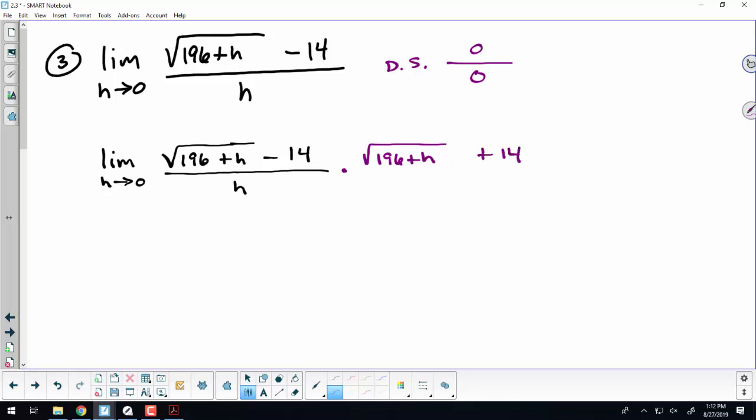And if I want to multiply the numerator by this thing, the conjugate is introduced because you're invoking the properties of the difference of squares. If I do that at top, I want to do the same thing on the bottom, so as not to change the value of my expression.